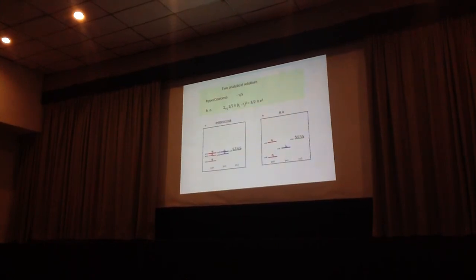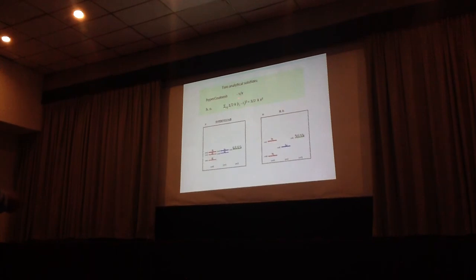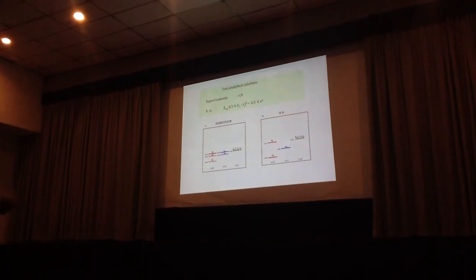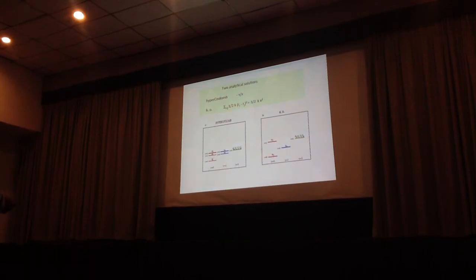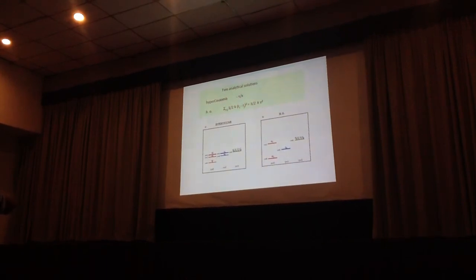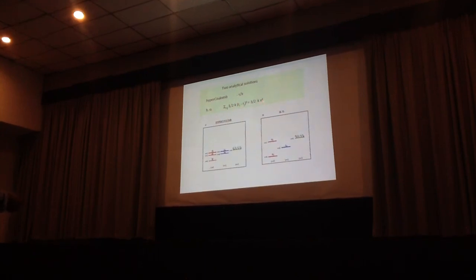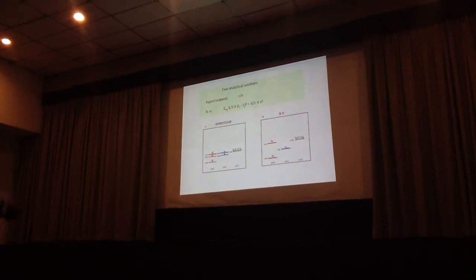Now, there are two cases which can be solved analytically. One is just the hypercoulomb term, and the other is of course the harmonic oscillator, which we know is solved analytically. If you calculate the quantity which appears in the harmonic oscillator Hamiltonian, it naturally depends only on x, so it is naturally hypercentral.